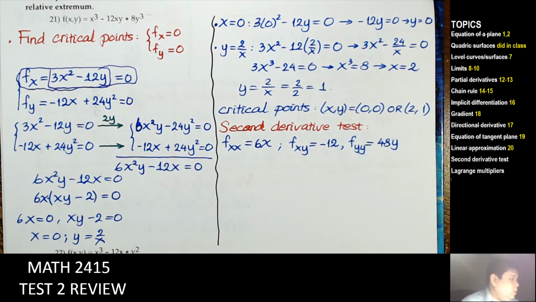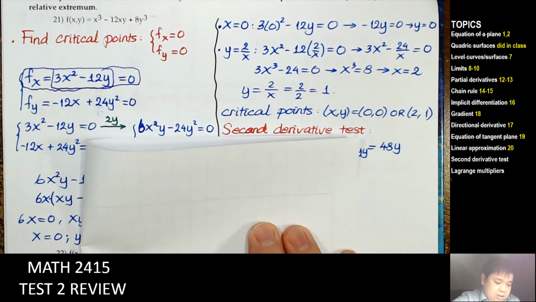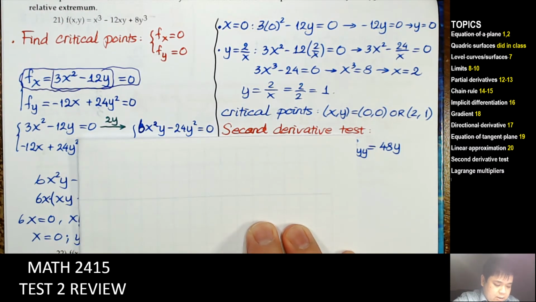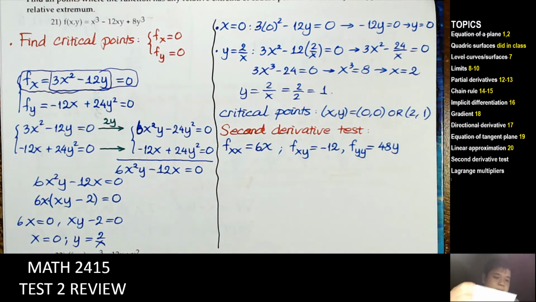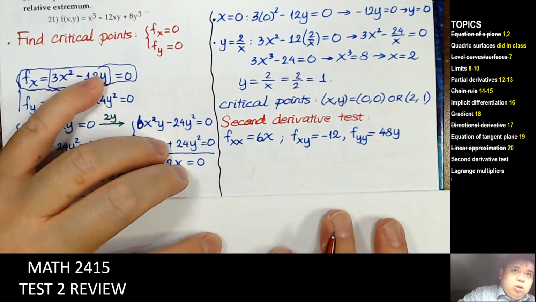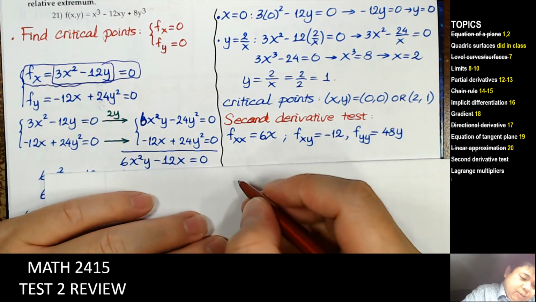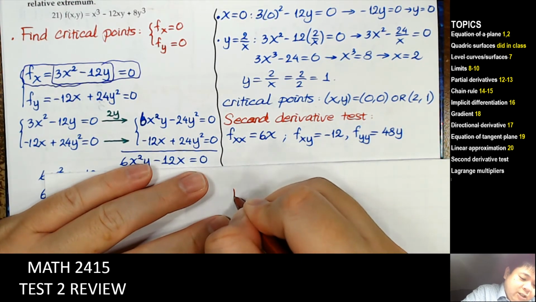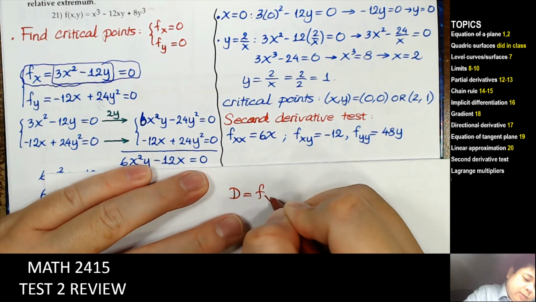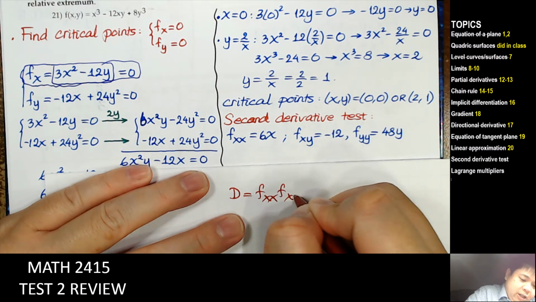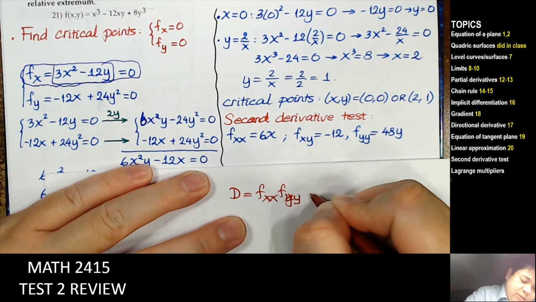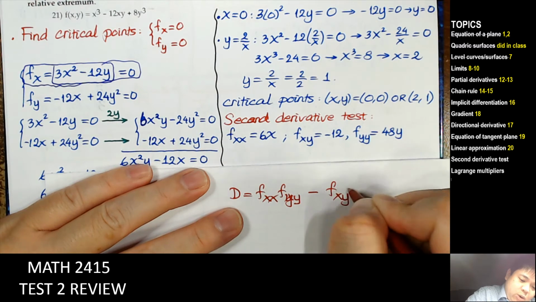Second derivative test. Let's go over the rule first. First we're going to find the discriminant, fxx times fyy minus fxy squared.